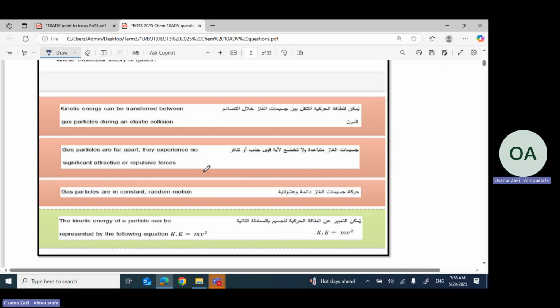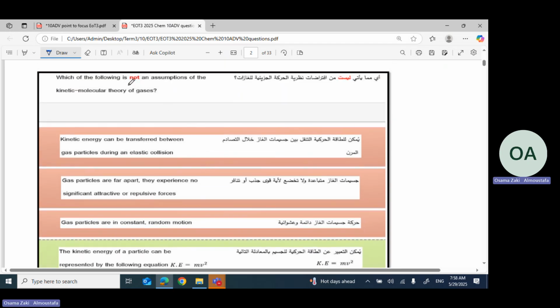Second one, which of the following is not correct? Okay, not an assumption. So energy can be transferred between gas particles during elastic collision. Yeah, the energy can be transferred between gas particles during elastic collision. Gas particles are far apart. Yeah, so there is no significant attraction or repulsion.